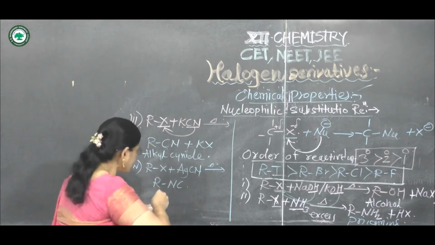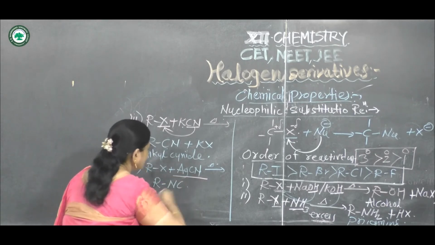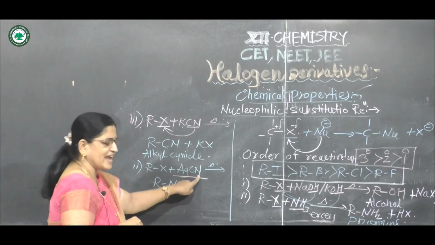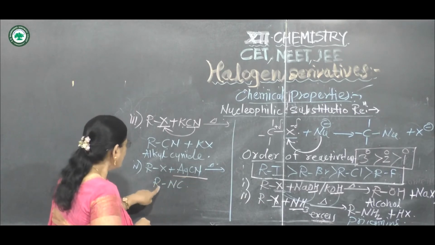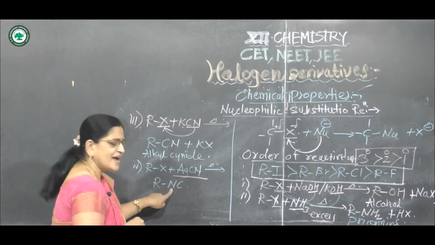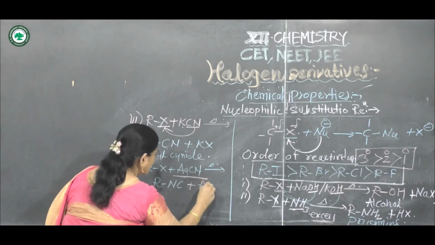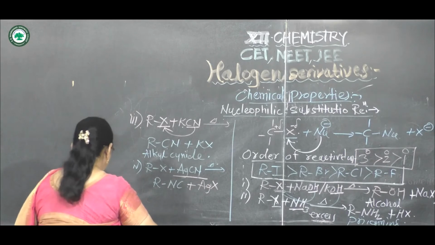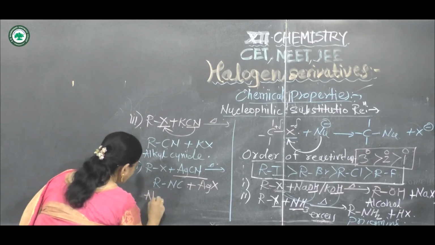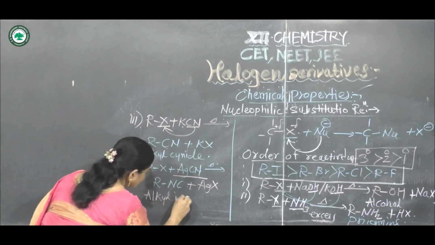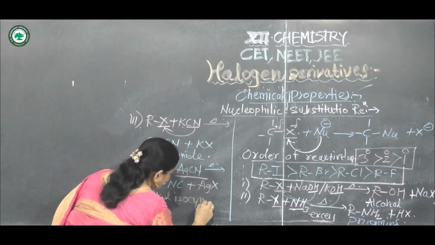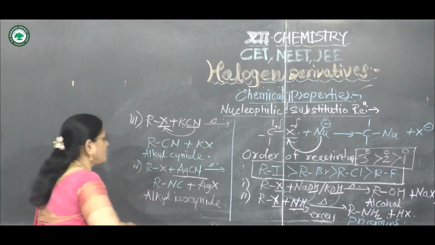But if it reacts with silver cyanide, remember this, the alkyl group is bonded to the nitrogen atom and it gives silver halide, and the name of this compound is alkyl isocyanide.